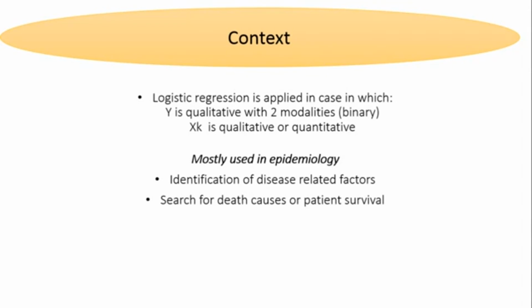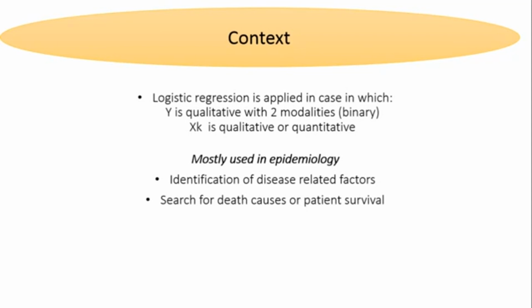Contextually, you need to know that logistic regression is applied in the case in which we have a qualitative variable with two modalities. That means the variable is binary. The binary variable that we need to explain using k qualitative or quantitative variables.